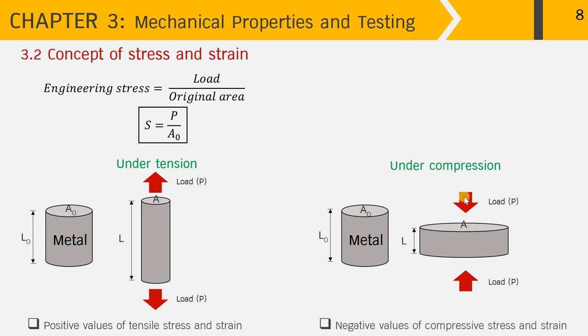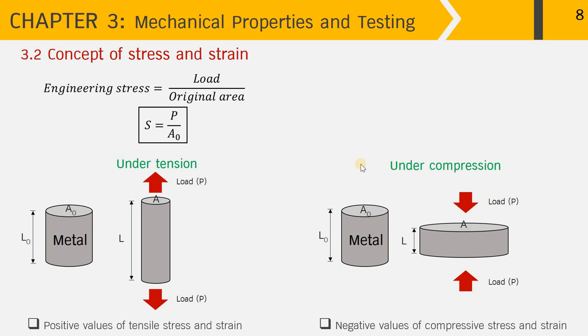And so in this case, we also apply the same concept of stress, which is the engineering stress equals load divided by original area. But this time, the load is in negative values because it is compressive. So in compressive, remember, is the negative values of the stress.